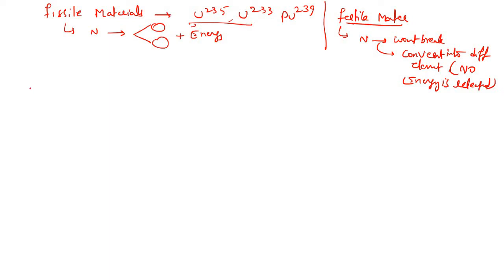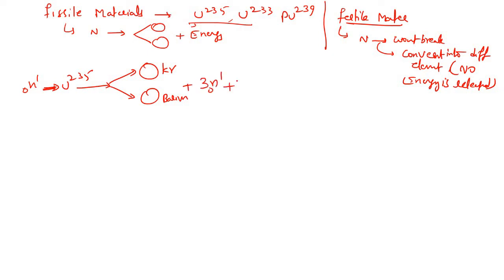Let's see. If uranium 235 is bombarded with a fast moving neutron, then it will split into two atoms, krypton and barium, and it will also release 3 fast moving neutrons and energy.